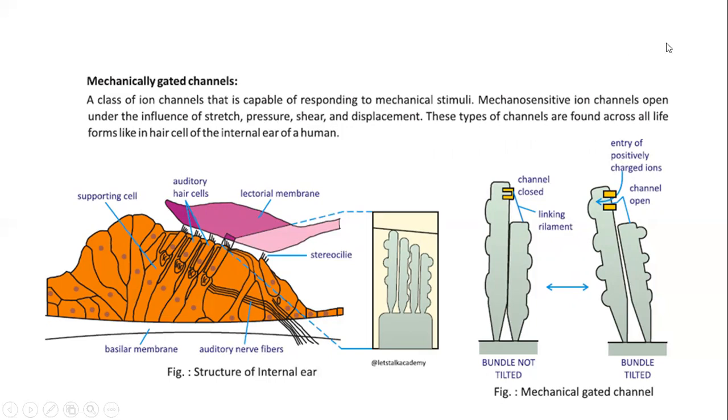Here we have taken the example of the internal ear of a human. If this is the structure of the internal ear, you might have seen that there are certain small hairs present on it, and each hair is connected to the auditory nerve fibers.